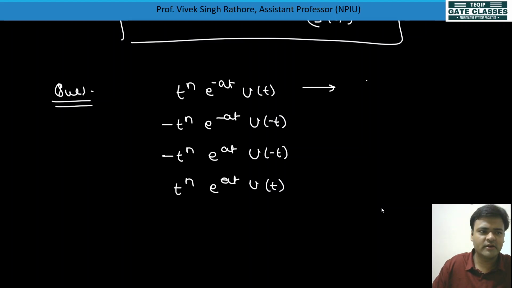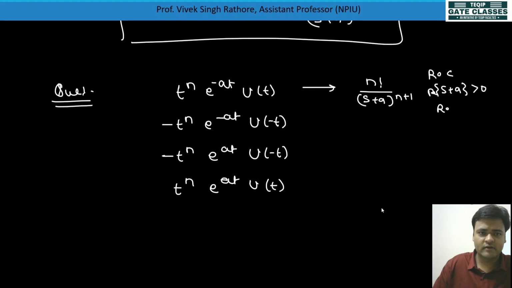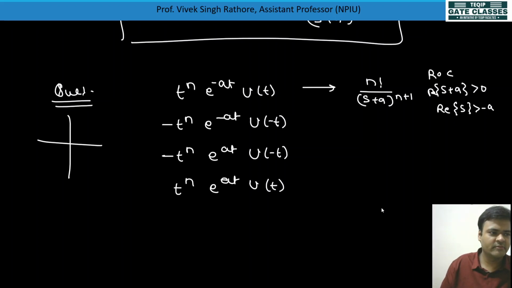This is nothing but n factorial by s plus a to the power n plus 1, and ROC will be real part of s plus a is greater than 0 because u of t is there. So real part of s is greater than minus a. Real part of s greater than minus a means minus a will be here, then its ROC will be like this.